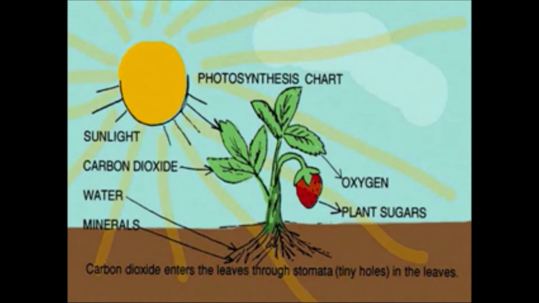The sunlight and carbon dioxide from outside is going to the plant shoots, and water and minerals are going to the roots, and the plant through the leaves is giving out oxygen, and through the fruit is giving out plant sugars. So carbon dioxide enters the leaves through stomata, tiny holes in the leaves.